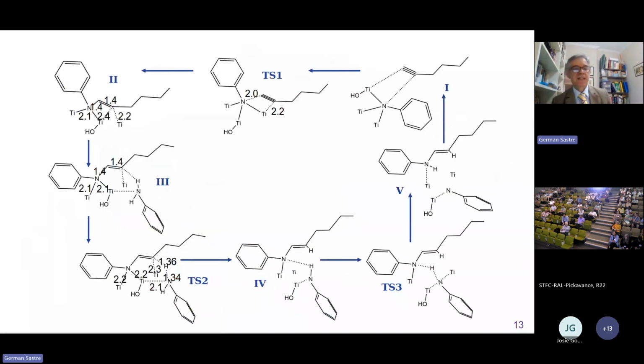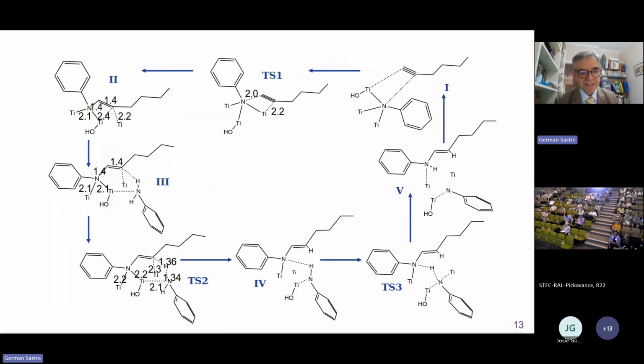Okay, so I just give you a hint of some of the interesting bond distances. In intermediate 2, for instance, you can see that the titanium-nitrogen bonds are larger than 2.1 angstroms, which is interesting, because that means that the amine is not too tightly bound to the catalyst, which is good.